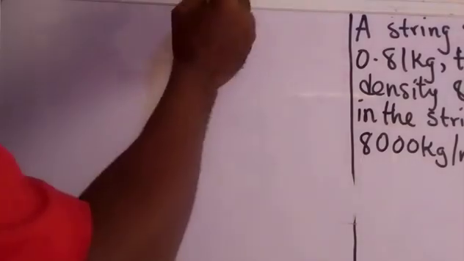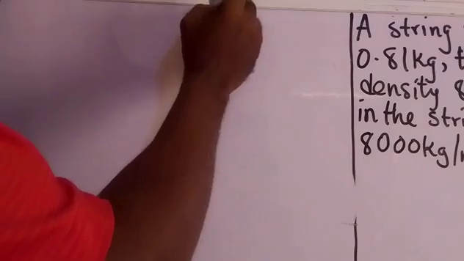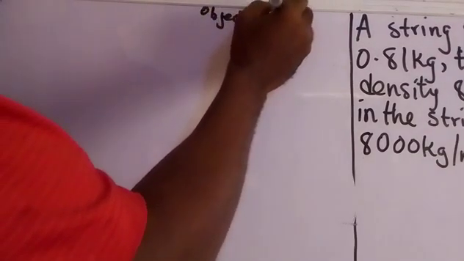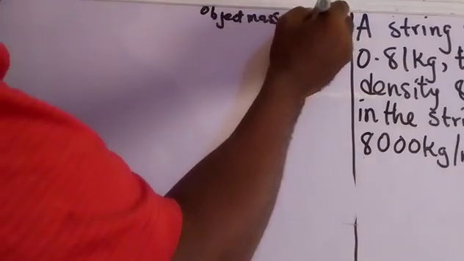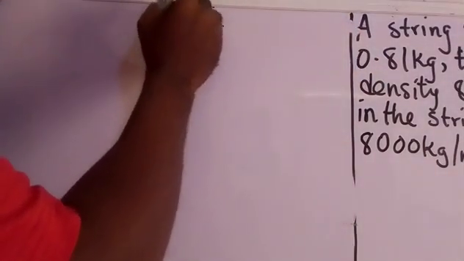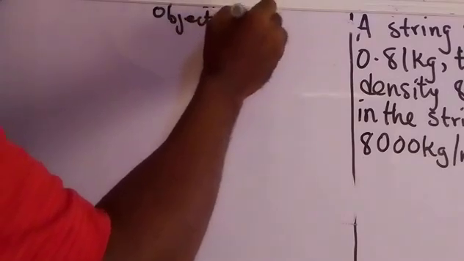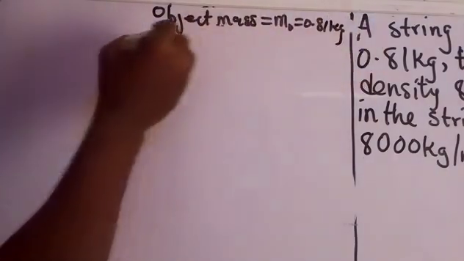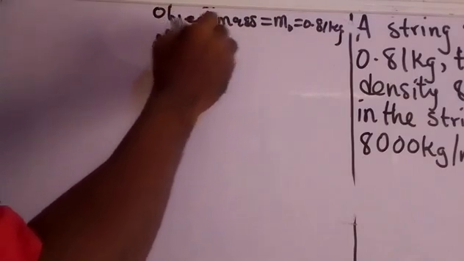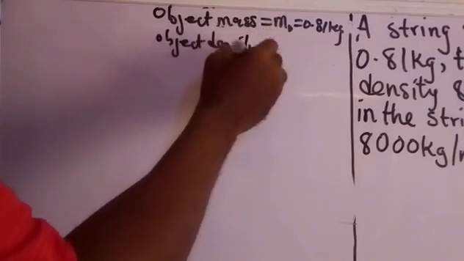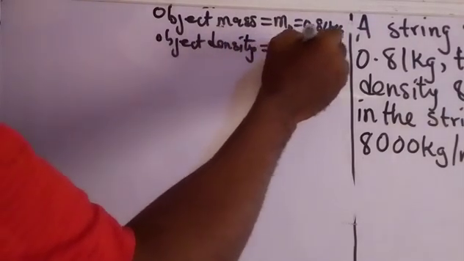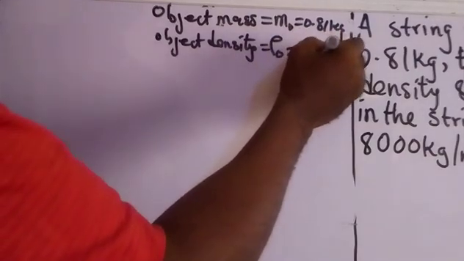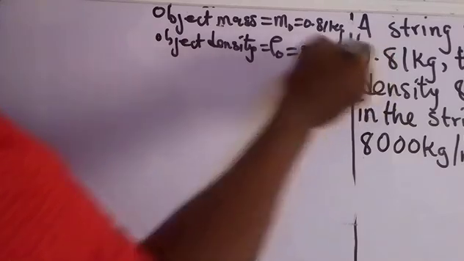Okay, one of the first things to do is write out the values given to you. Object mass, let me use M naught, 0.81 kilogram. Object density is equal to 8,000 kilogram per meter cube.